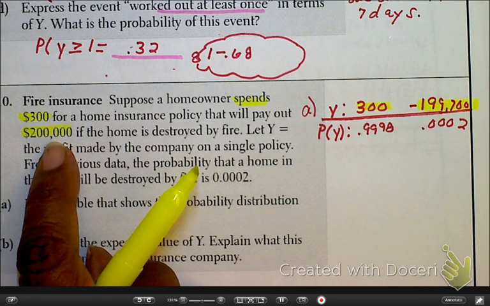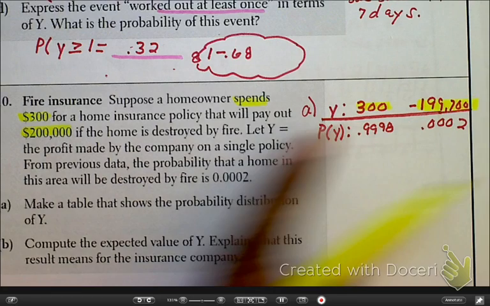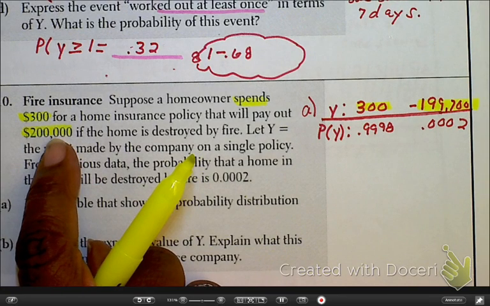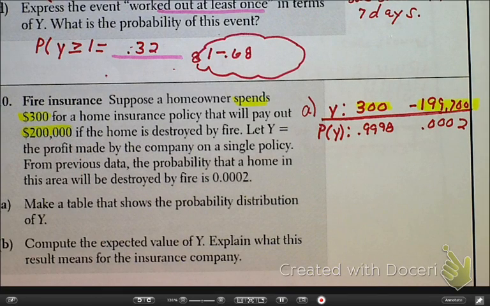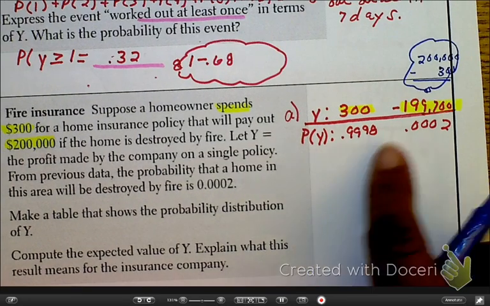So they lose $199,700, because remember, you gave them 300 of that. So there's the math on that.